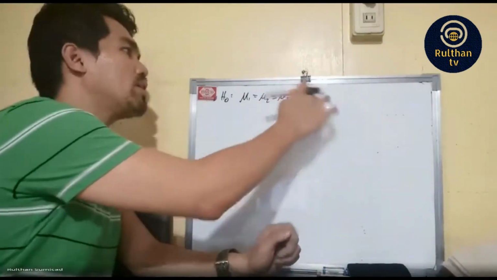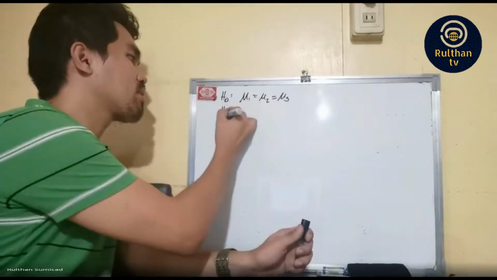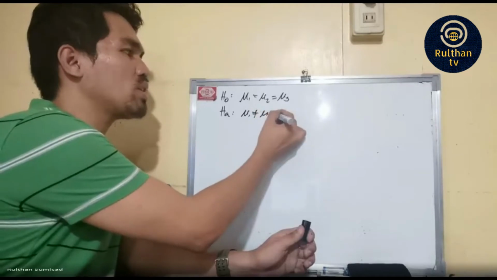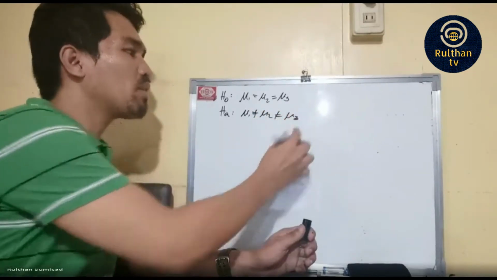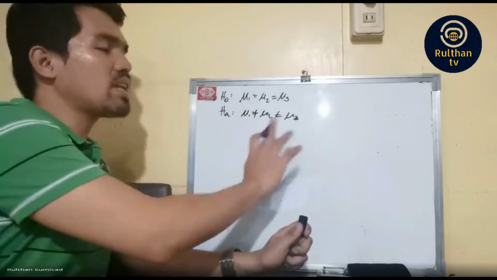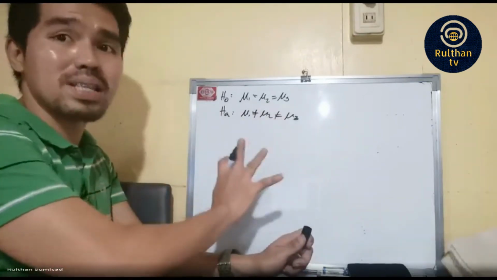Now, to make it short, for our H sub A, we cannot just simply state that mu1 is not equal to mu2 is not equal to mu3. We cannot state that because the condition does not only suffice that mu1 is not equal to mu2. This is quite confusing or misleading.